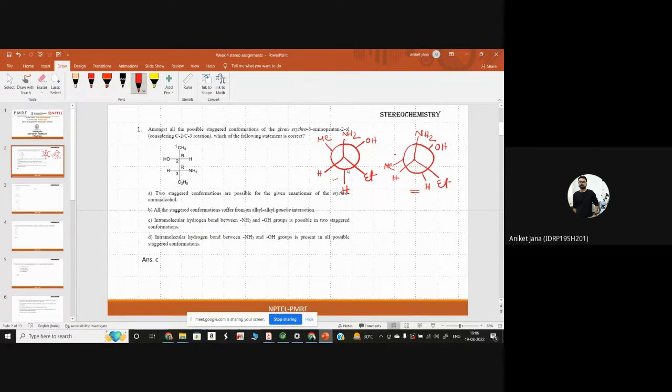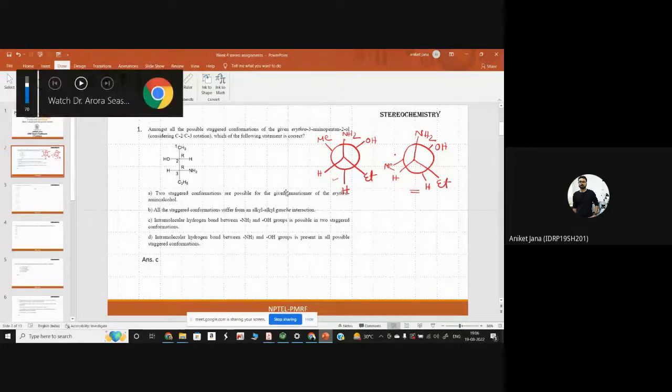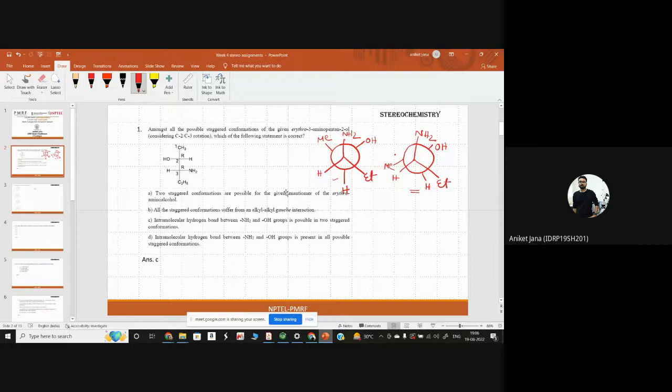At every different angle, it can have a staggered conformation, right? Yes, up to this is a staggered conformation, and this can have another staggered conformation.